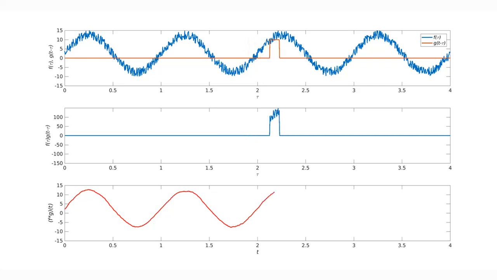The resulting signal after the product of the original signal and the translated pulse is shown in the second plot, and then the resulting function is integrated to get a particular value. If we repeat the same procedure for different translations of this rectangular pulse, we end up with a smoother curve.